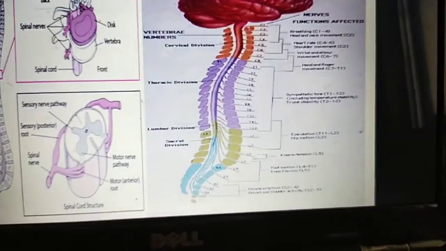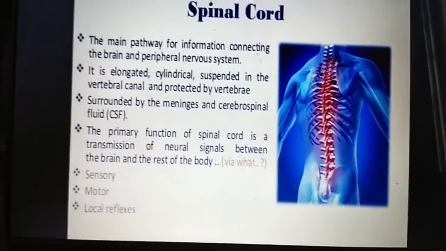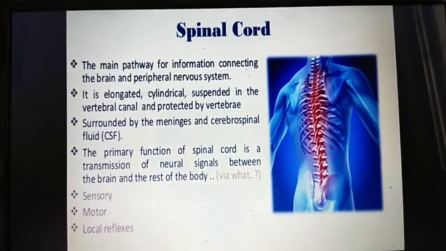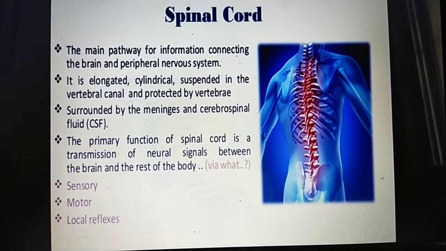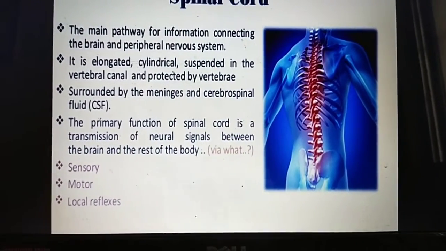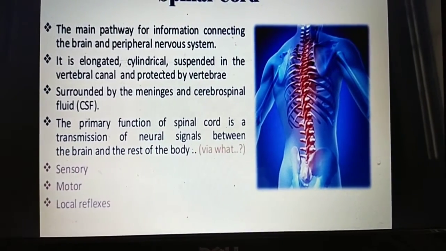Okay, we can go for the next slide. Spinal cord is the main pathway for information connecting the brain and peripheral nervous system. It is elongated, cylindrical, suspended in the vertebral column and protected by the vertebrae.